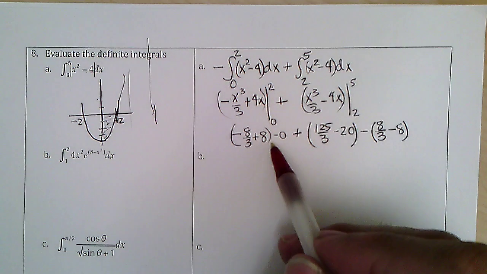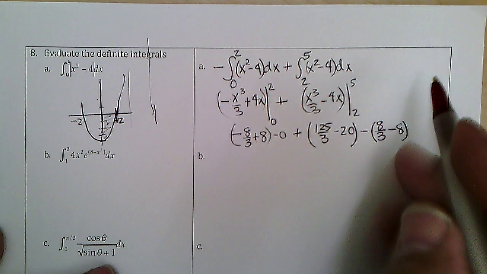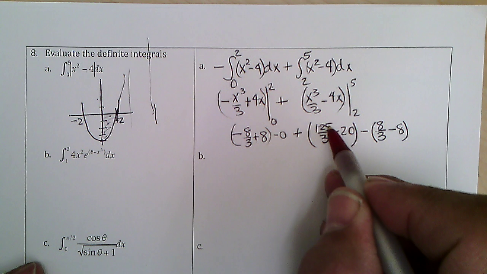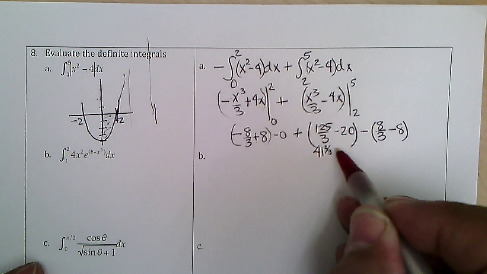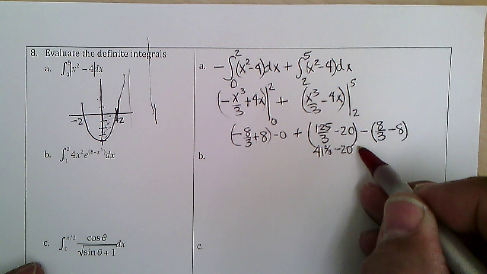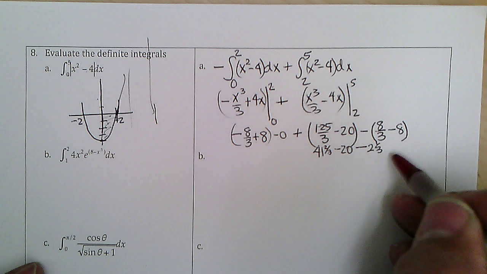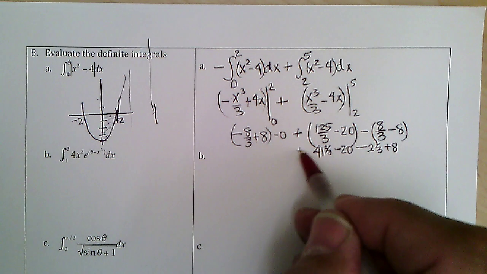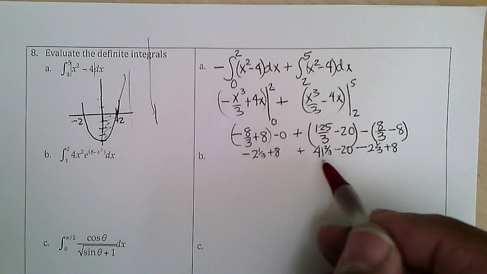So we've got 125 over 3, that's 41 2/3, minus 20, minus 2 1/3, plus 8, and we got minus 2 1/3 plus 8.